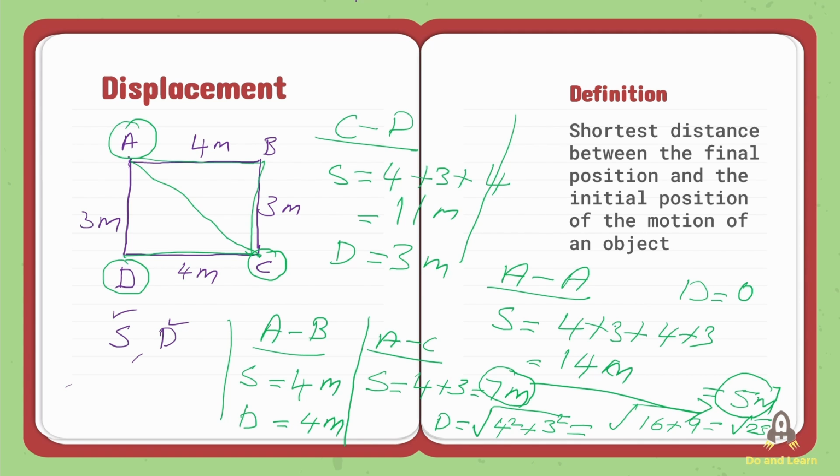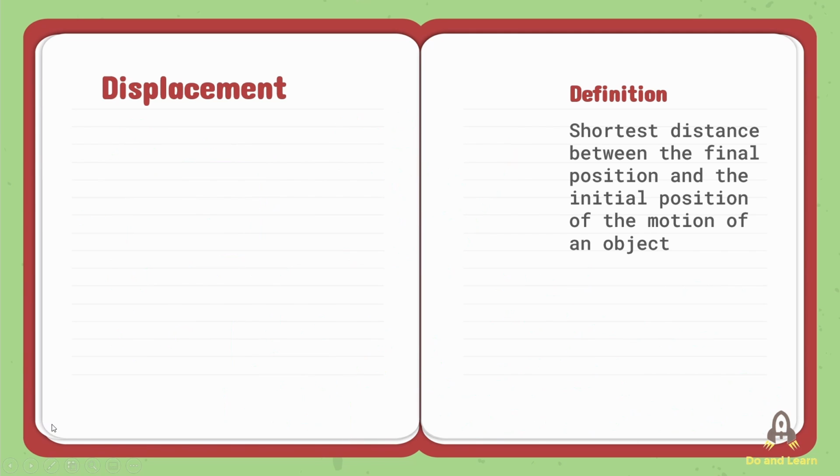So from this example, it is clear that displacement can be 0 while distance has some value. So we can say the magnitude of displacement is either equal to or less than the distance.